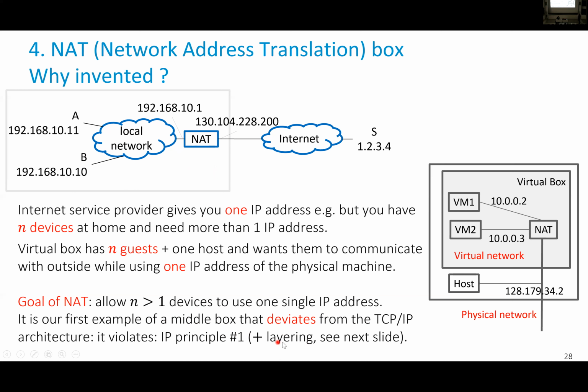It violates another principle, which is layering, because for its operation, the NAT will look not only at IP addresses, but also at TCP or UDP port numbers. So it looks at 2 layers at a time to do its job. That's ugly. If you would build an architecture today, you would not do that. So it was not at all part of the internet architecture, but it came as a practical solution to a practical problem.